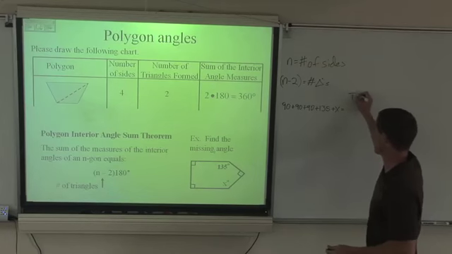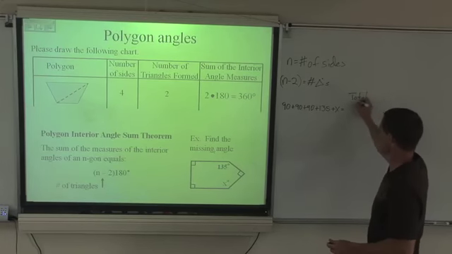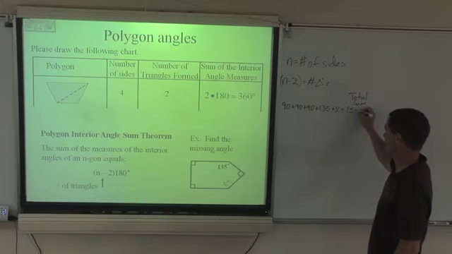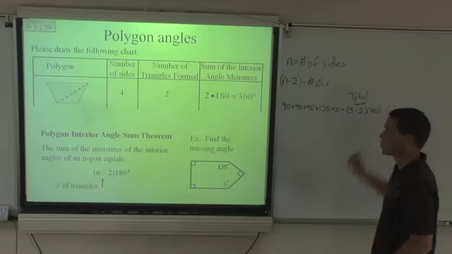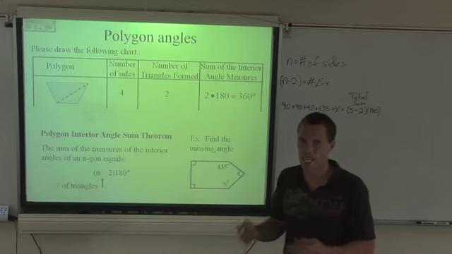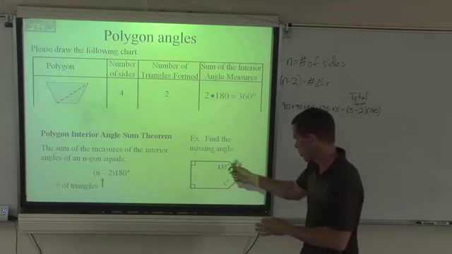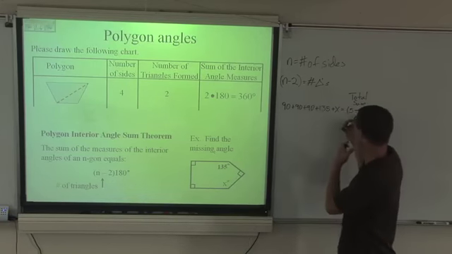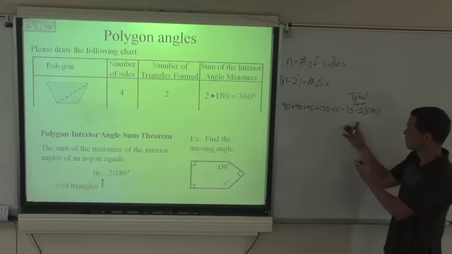But we have a formula. The total sum is also equal to 5 minus 2 times 180. So we can set these equal to each other because the sum of the angles, actually adding all 5 together, should equal the sum formula.